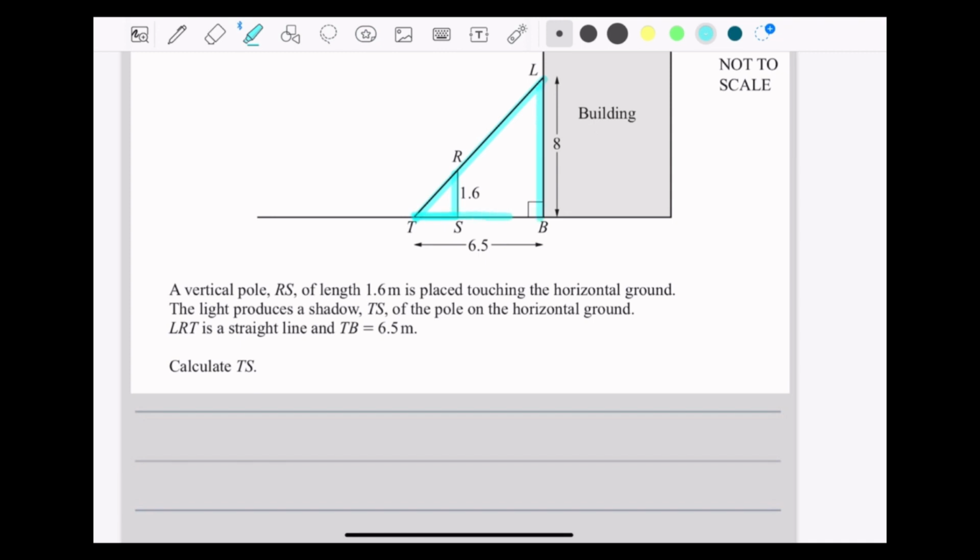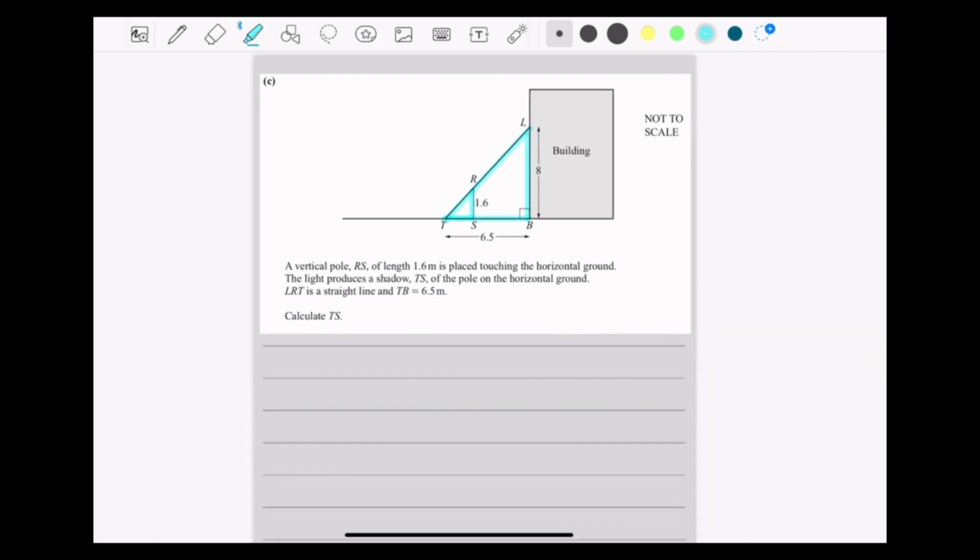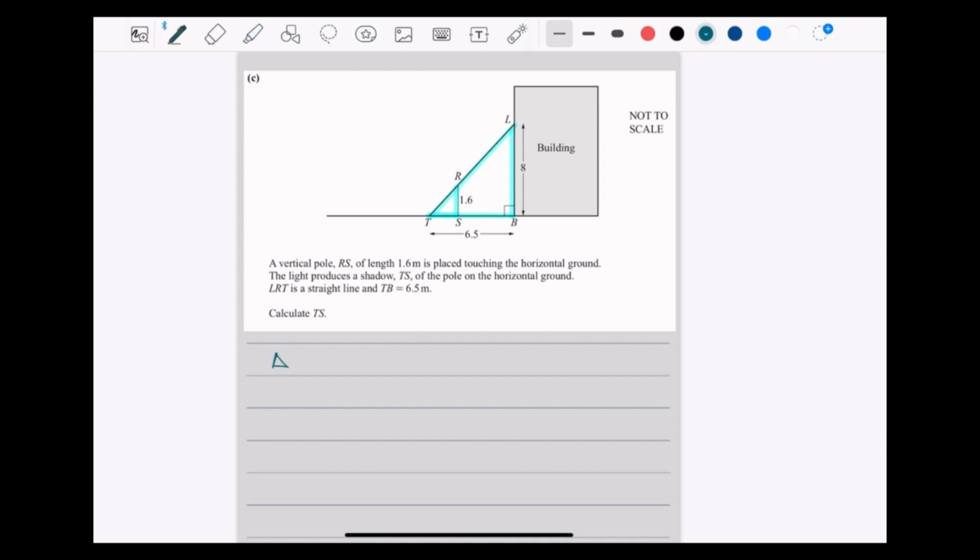And I can see that in that big triangle, from triangle TLB, there is this angle T. According to angle T, I have opposite and the adjacent given.